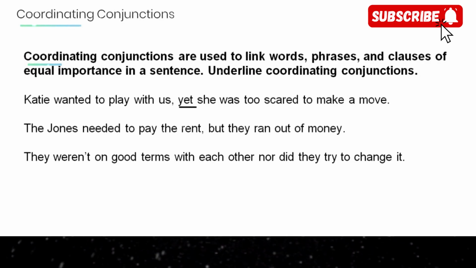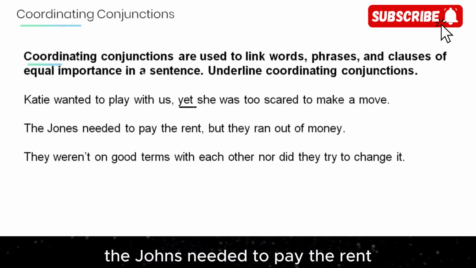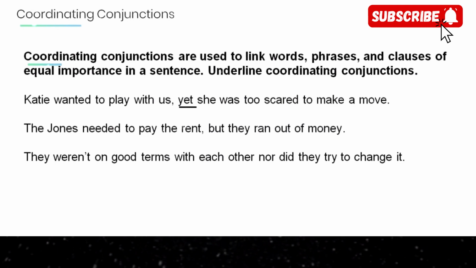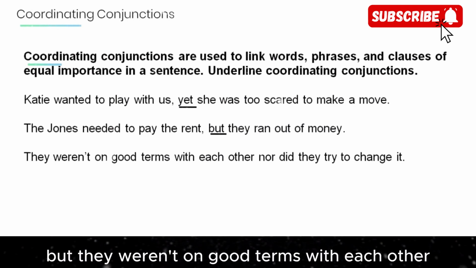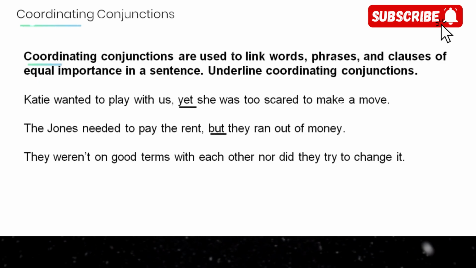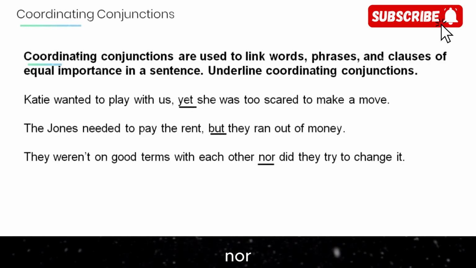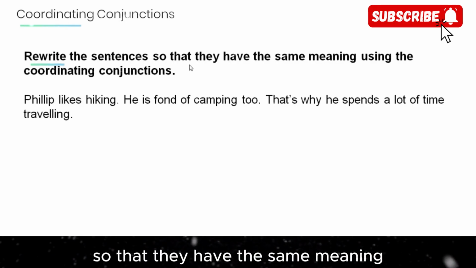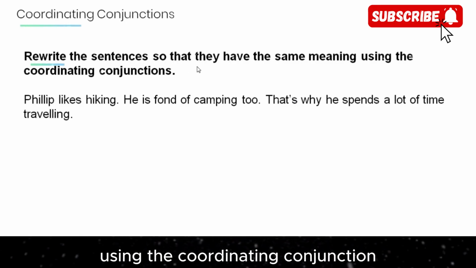Yet, the Johns needed to pay the rent, but they ran out of money. But they weren't on good terms with each other, nor did they try to change it. Nor.